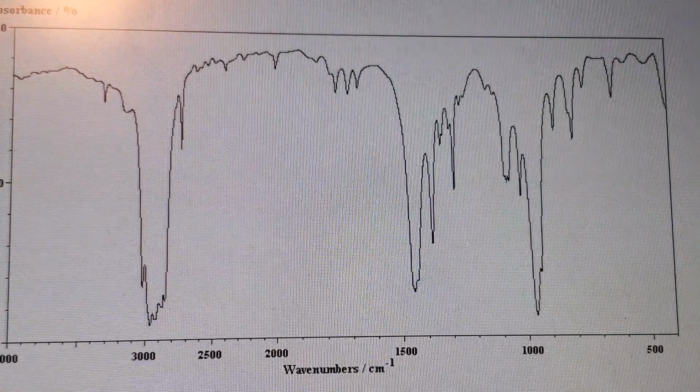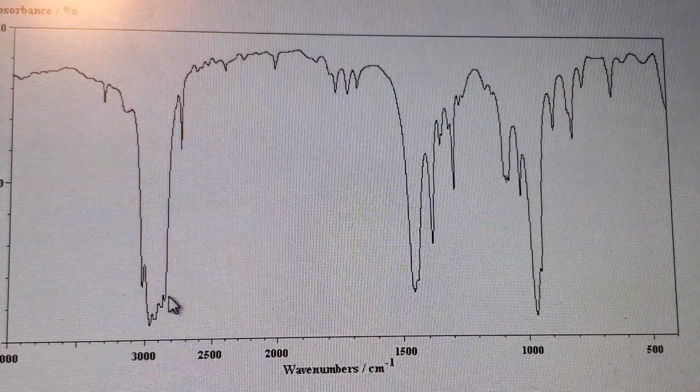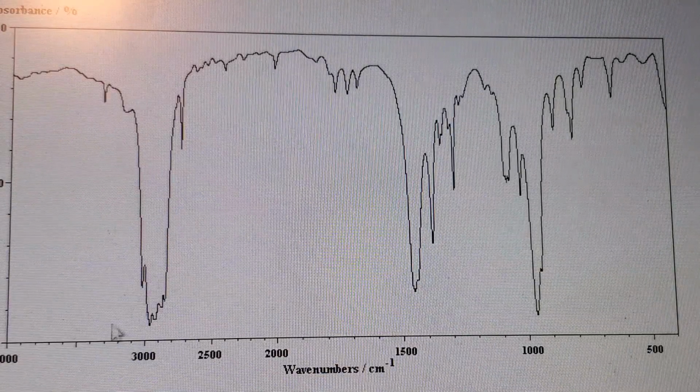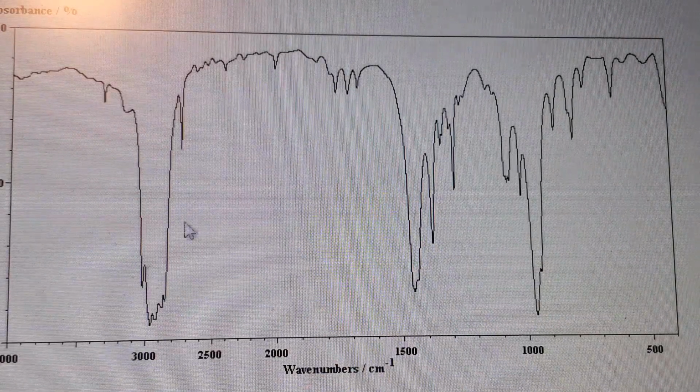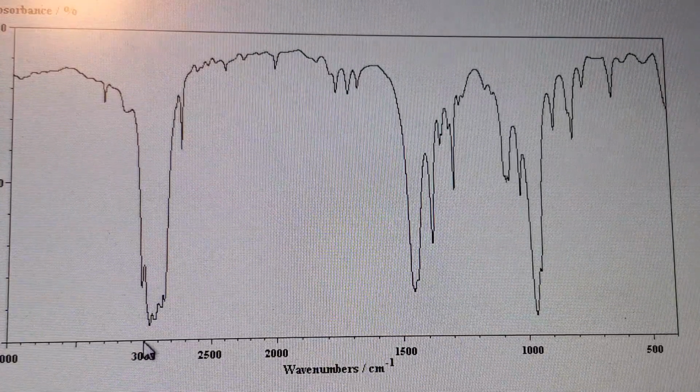Okay, so again, I'm going to pay attention to this big signal starting from the left side. Normally, because it's close to 3000, this is the CH, and you carefully read the number 3000 here.